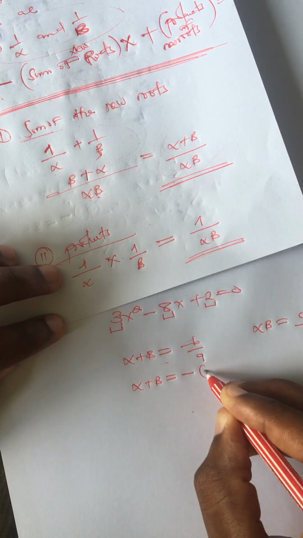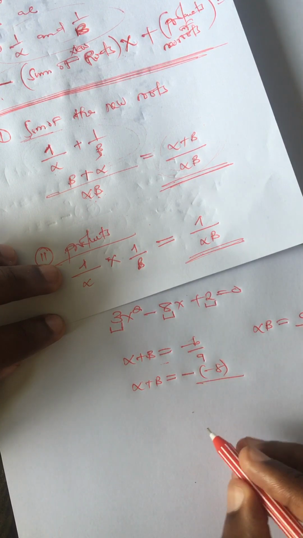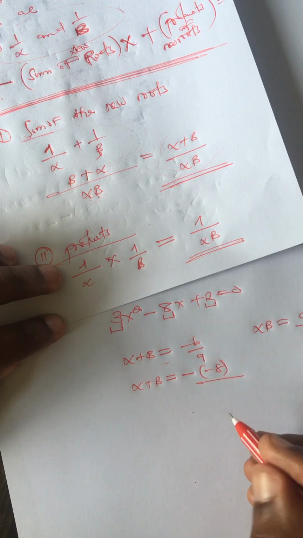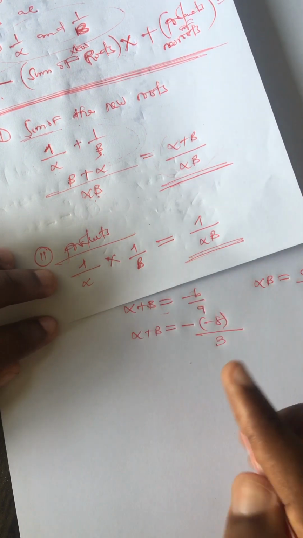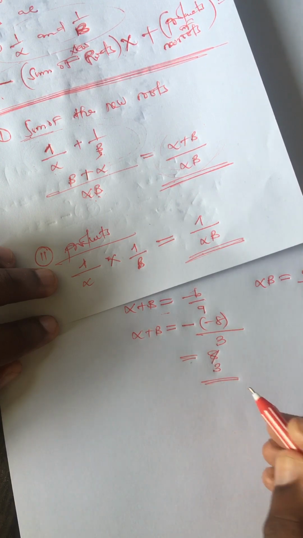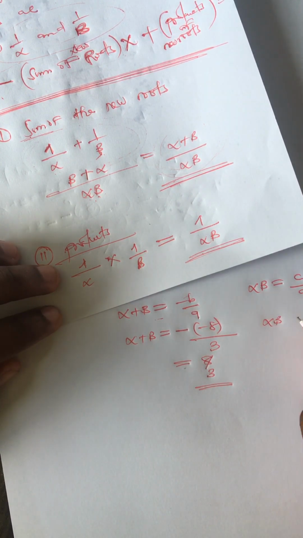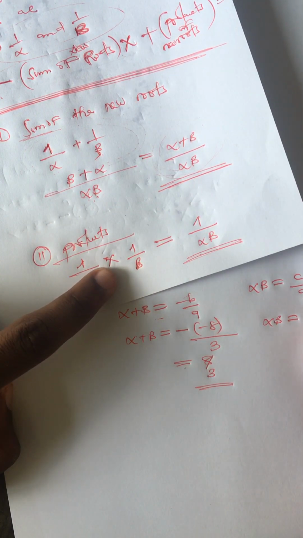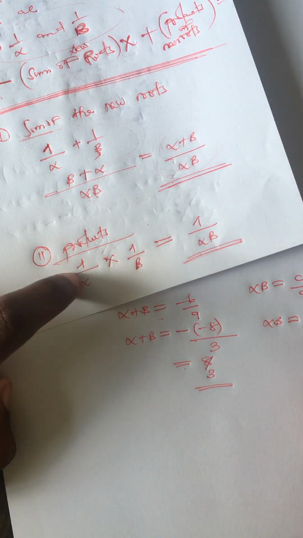So negative 8 over our A, which is 3. Then there you get 8 over 3, like that. Then alpha beta is equal to C over A, which is 2 over 3.